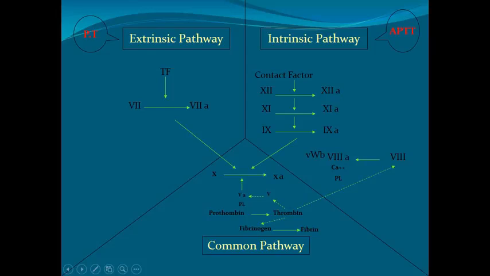When there is a deficiency of factor 10, prothrombin, factor 5 and fibrinogen, there will be prolongation of the prothrombin time as well as the APTT. So we should understand which pathway is monitored by means of the prothrombin time, which will help in the diagnosis and the subsequent investigation.